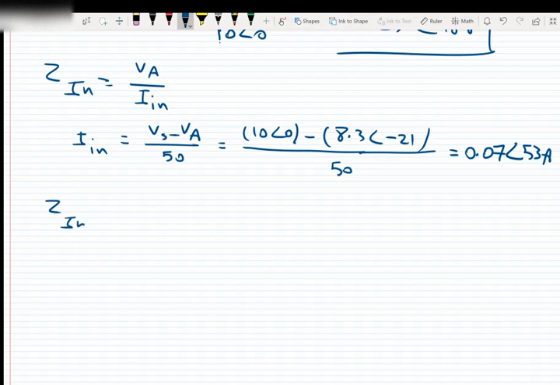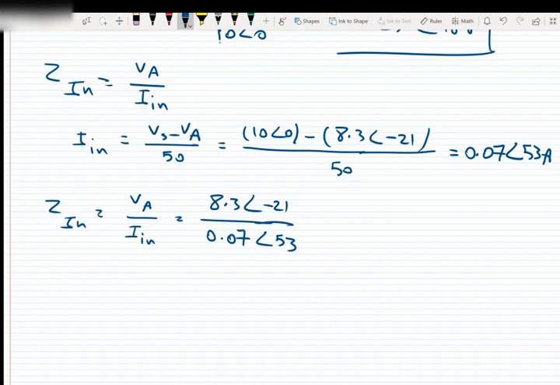So we can say input impedance is equal to VA over I in, which is 8.3 with an angle of -21 over 0.07 with the angle of 53, which is equal to 111.2 with the angle of -74 ohms.